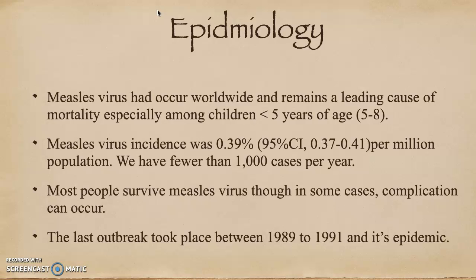Most people can survive measles, but in some cases complications can occur. And lastly, the last outbreak took place between 1989 to 1991. I feel like this disease is mostly found in younger children from the research that I did, and that you can prevent it, you just have to be very cautious.